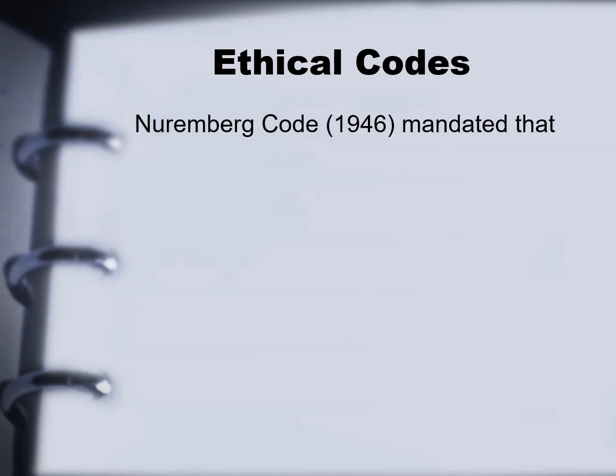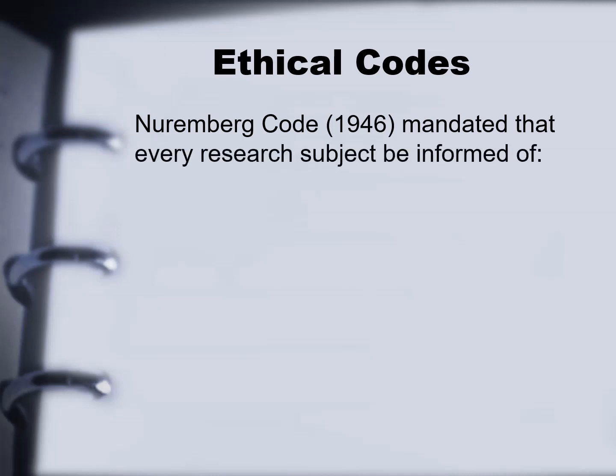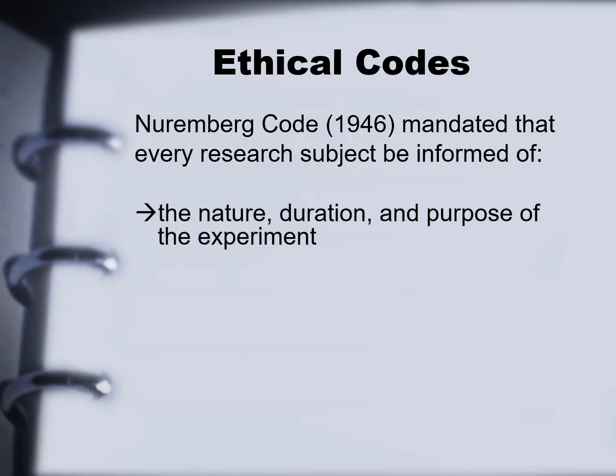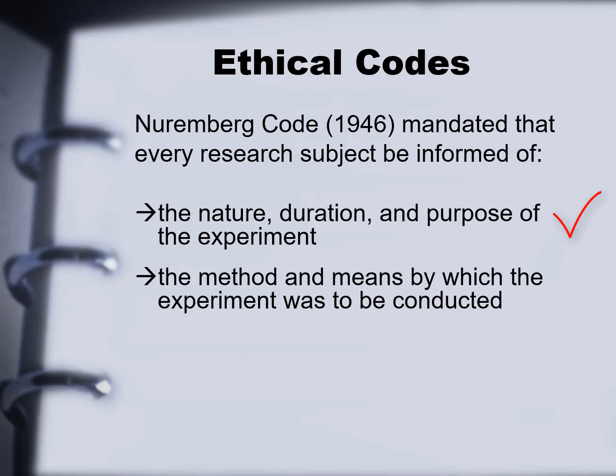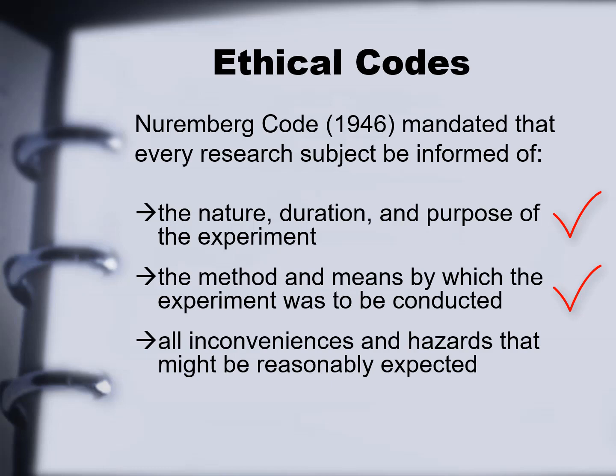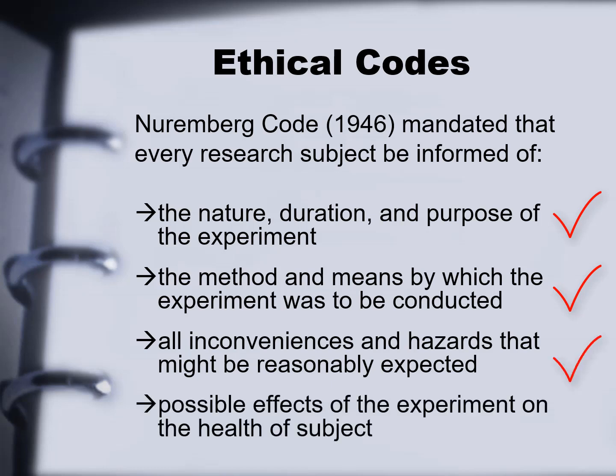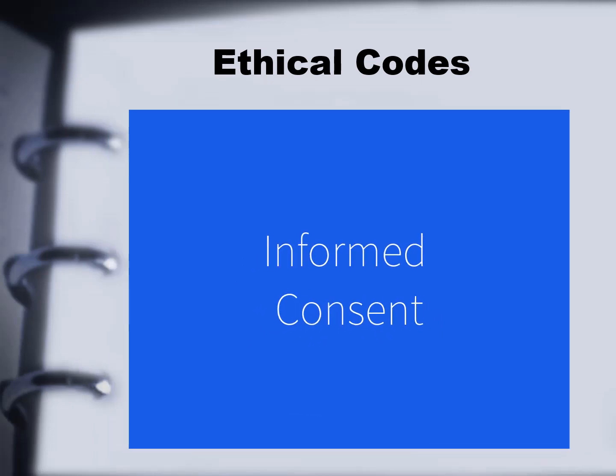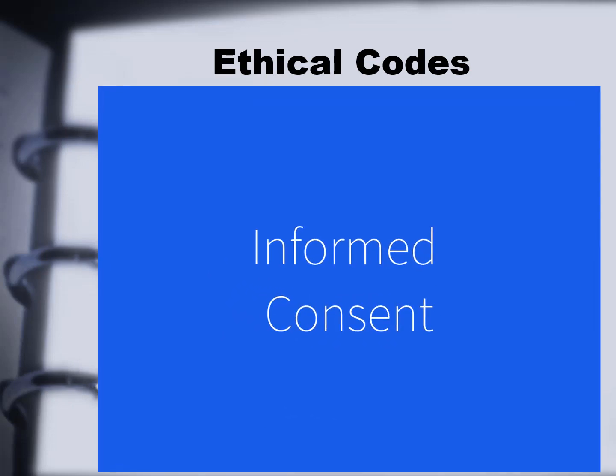This resulted in the Nuremberg Code, which mandated that every research subject be informed of the following: the nature, duration, and purpose of the experiment, the method and means by which the experiment was to be conducted, all inconveniences and hazards that might be reasonably expected, and the possible effects of the experiment on the health of the subject. All of these together essentially make up the informed consent process that we still use today.